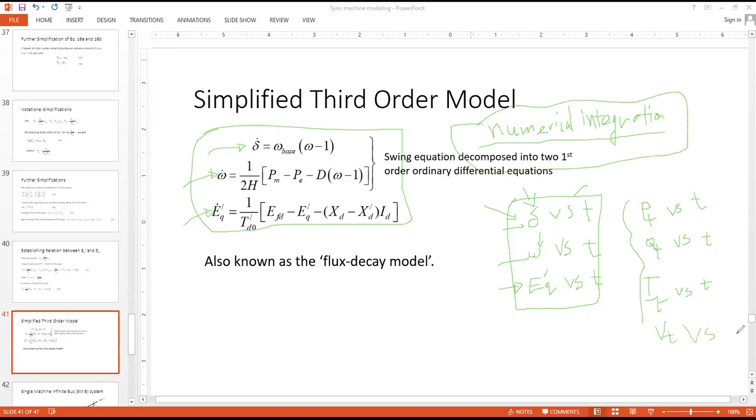So that is the beauty of the numerical integration technique. While we apply that to this model, we will be able to achieve all these things.